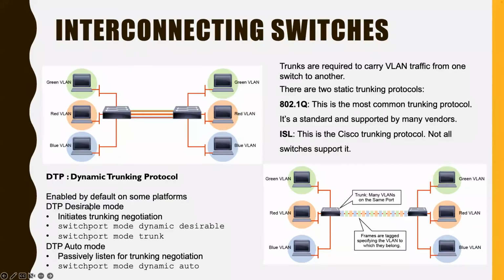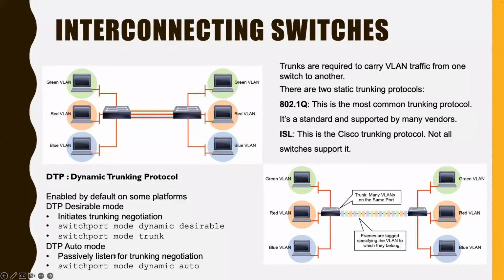Desirable means that I will initiate the trunking negotiation. I will send negotiation packets to the other side, saying that I want to negotiate trunking with you. I'm actively and eagerly sending those DTP packets.